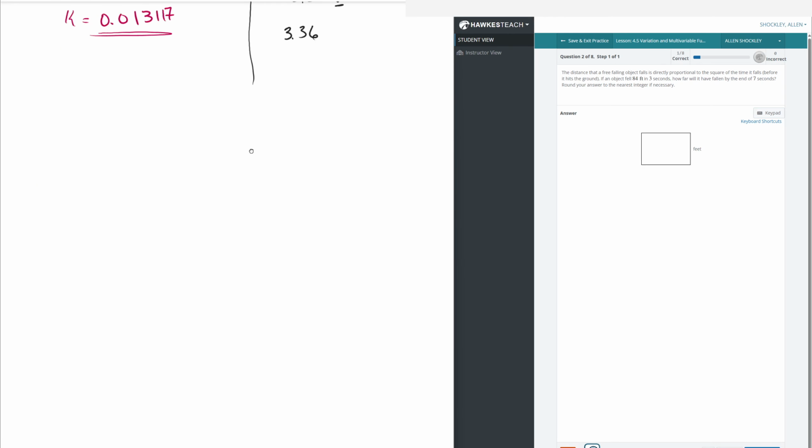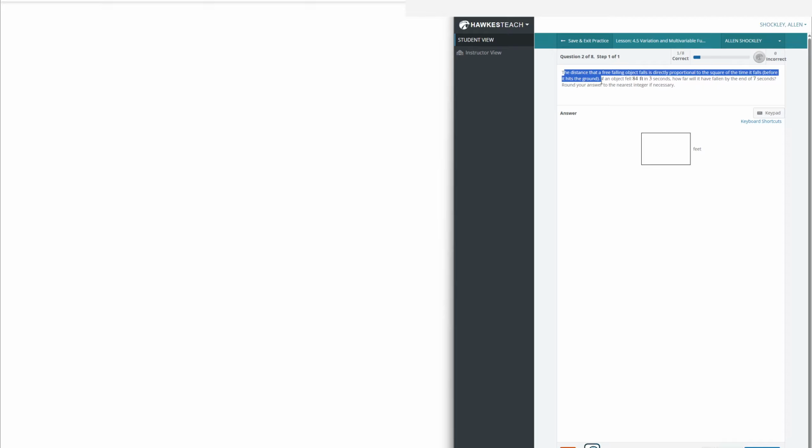Again, a lot of this is just going to come back to the same things over and over. Read the first sentence and it will tell you what type of equation you need to make. It doesn't give us letters, but use letters that make sense.